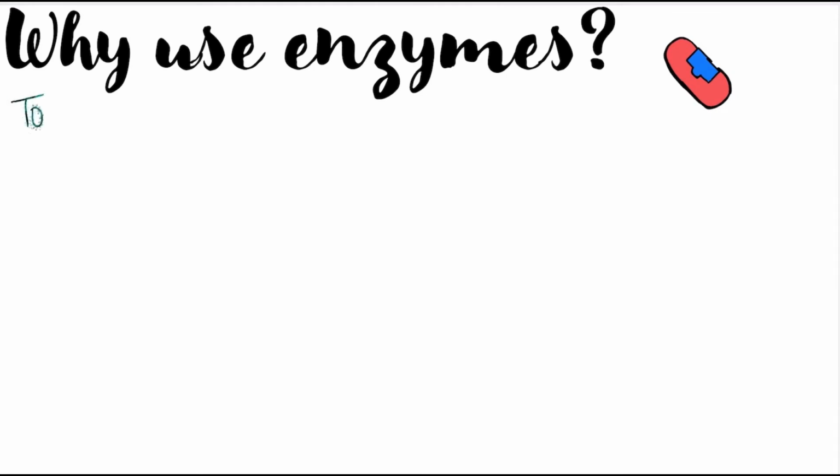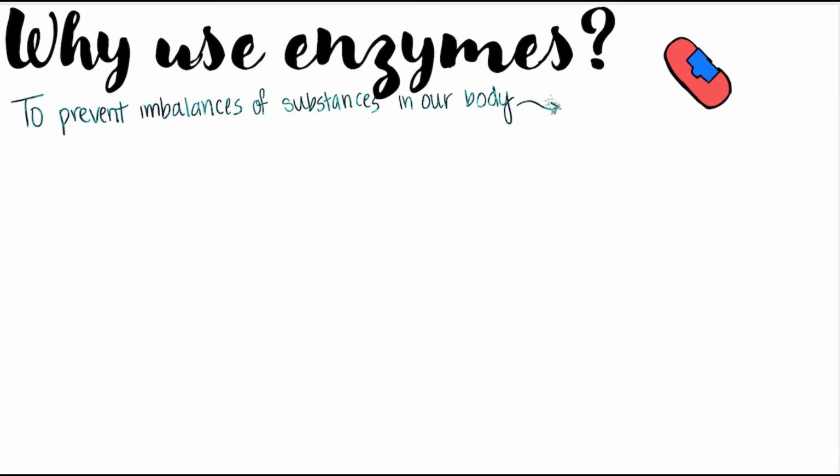So why should we use enzymes? In order to prevent imbalances of substances within our bodies, we need to make sure that all of the chemical reactions are being controlled. The chemical reactions constantly happening within your body need to be controlled by your cells to make sure that nothing goes wrong.